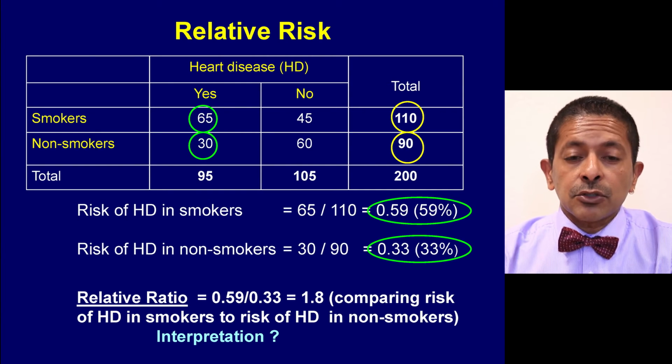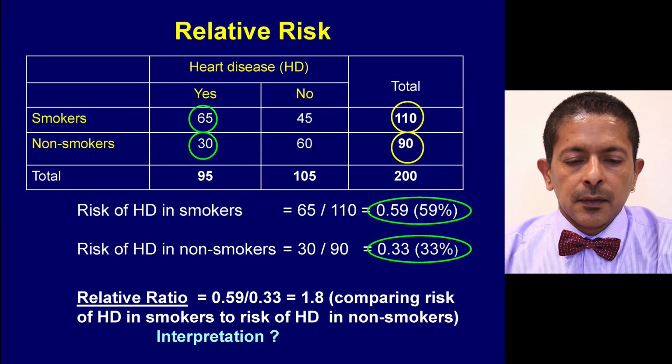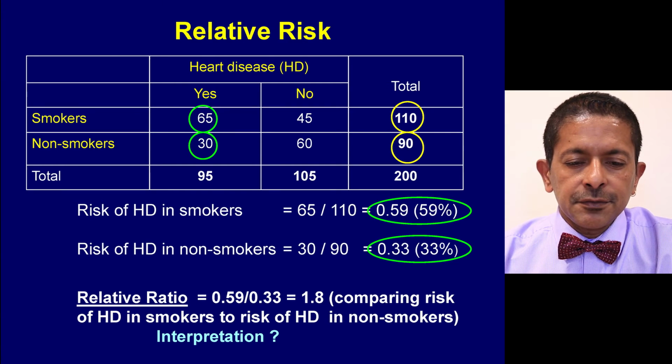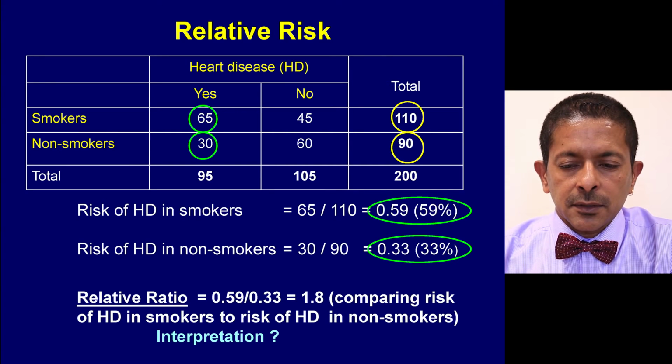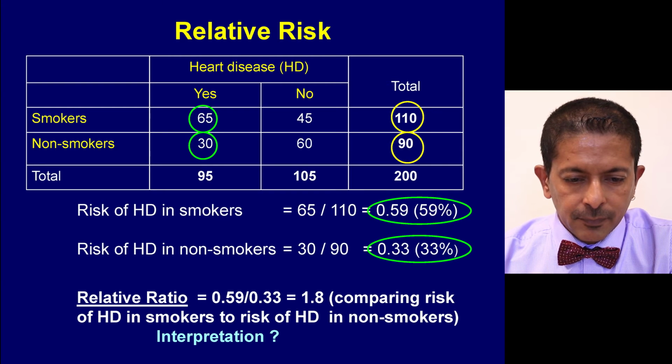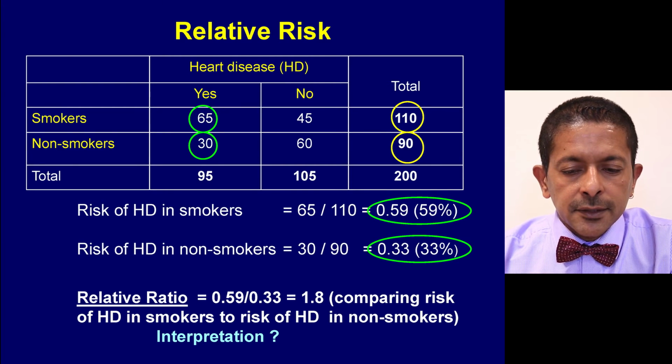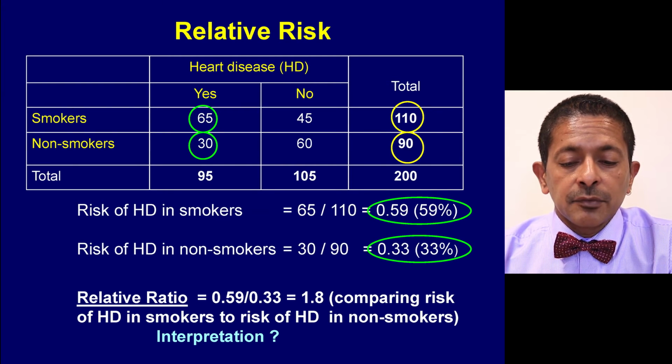So it is research looking forwards. So in this example, 65 smokers who were followed up over time developed heart disease out of 110 who smoked. The risk of heart disease in smokers is therefore 65 divided by 110, or 59%.